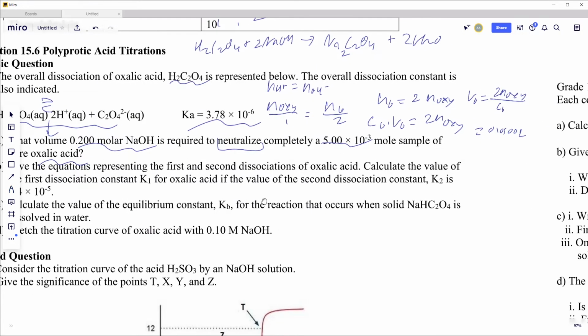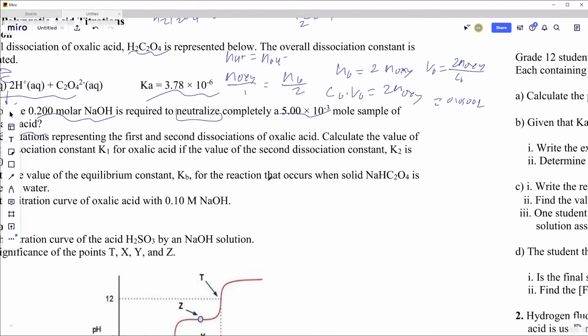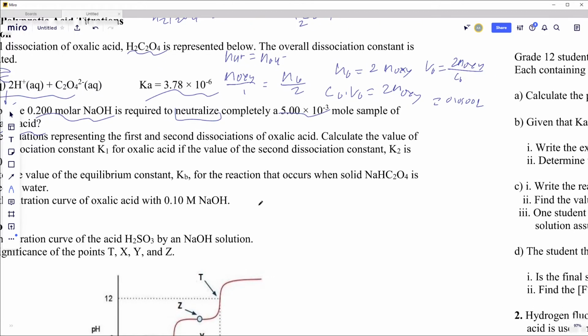Now you want the equations for this part. So the equations are going to be, let me change color, the first dissociation equation: H2C2O4 partially dissociates to give H plus and HC2O4 minus. How do you do this?